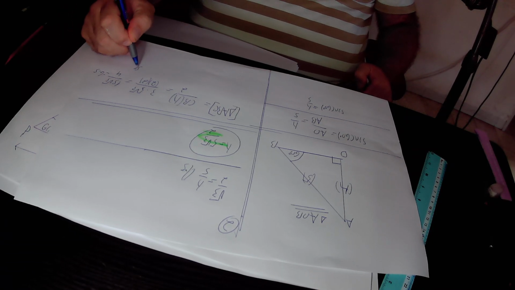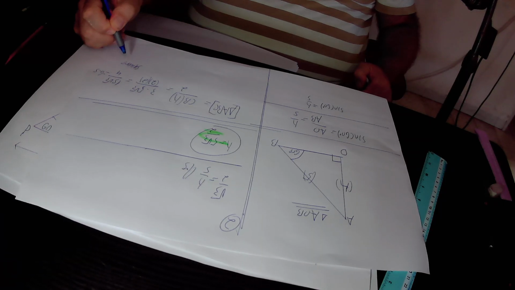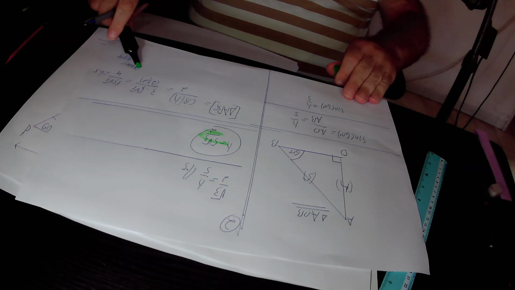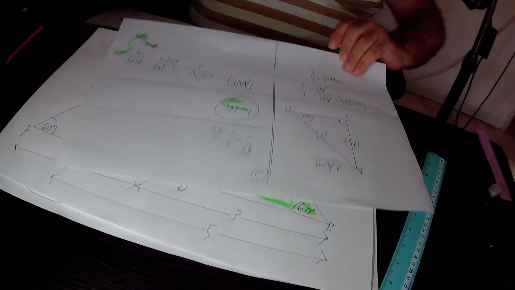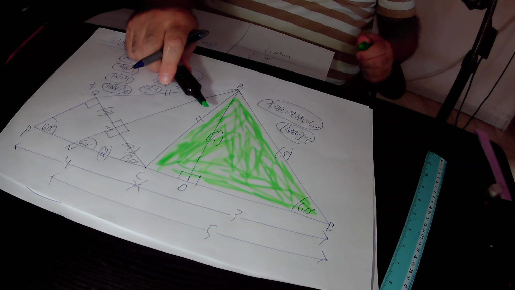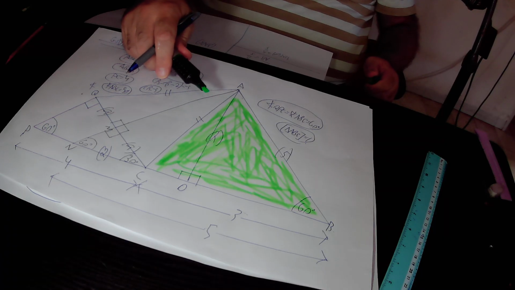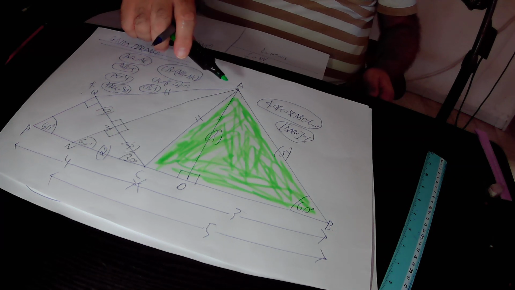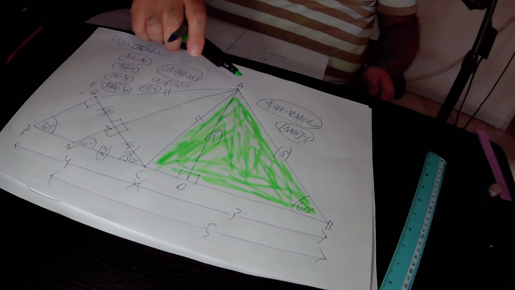To repeat, the area of this green triangle ABC equals 15 times square root of 3 over 4 square units, or approximately 6.5 square units.